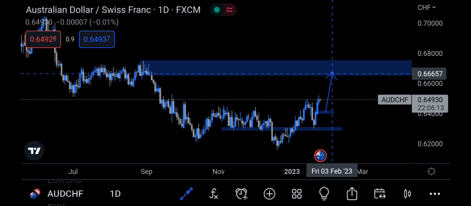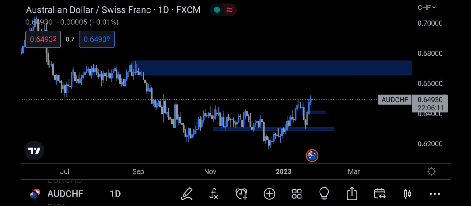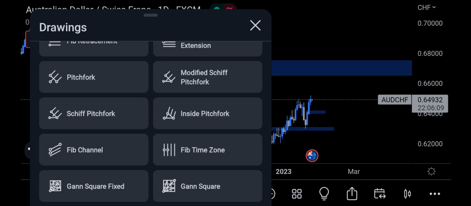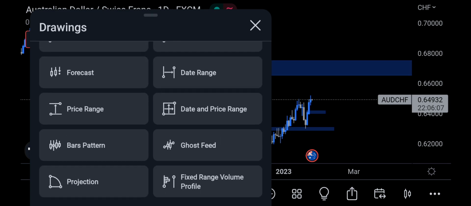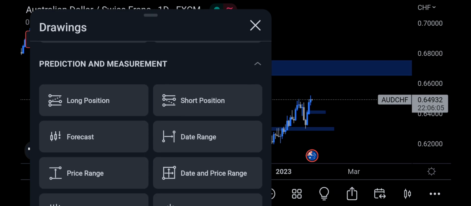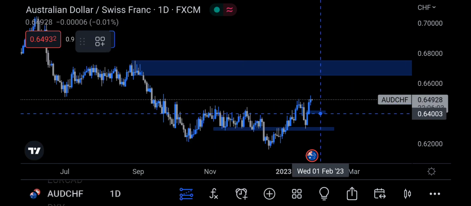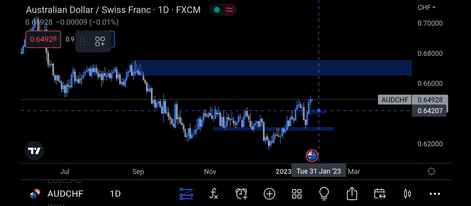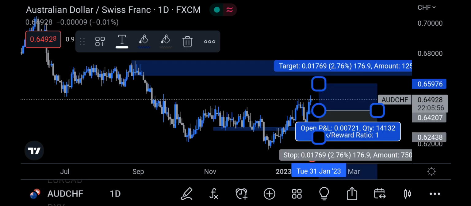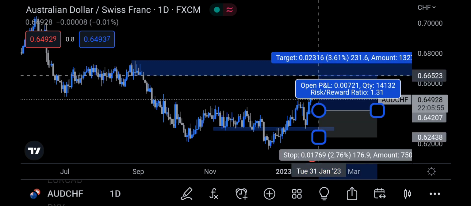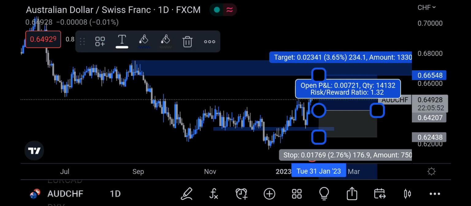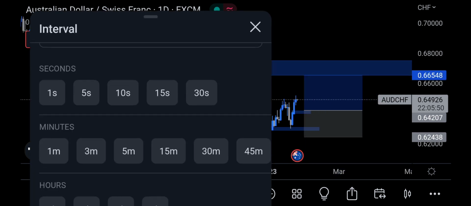So now how do we approach this market right now? We'll take our 4-hour time frame, and we should expect something of this nature, a little bit of retracement like we said earlier to that 4-hour zone. Then our take profit should be around here, and that should be about 200 pips in the market.